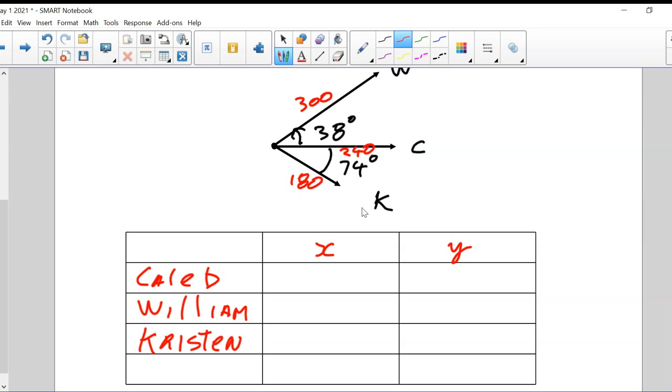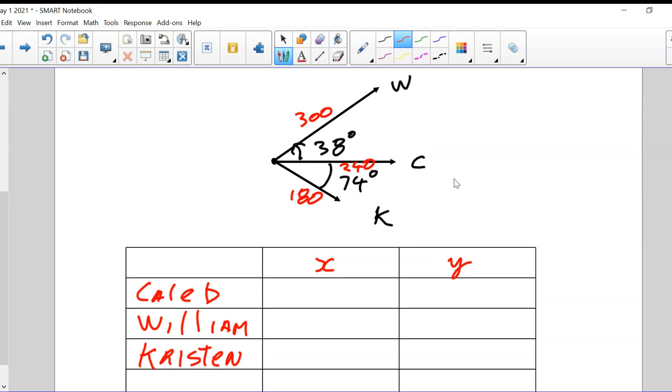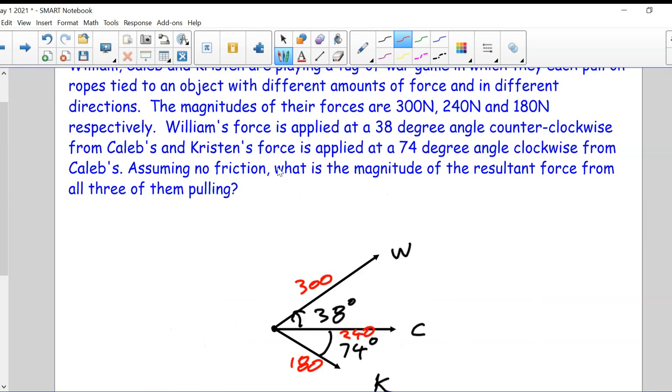Now, think of Caleb as sitting right on the x-axis. That's where Caleb is going to be. We chose Caleb, and this is consistent with what the question says: William is 38 degrees away in a counterclockwise direction from Caleb, whereas Kristen is in a clockwise direction from Caleb, 74 degrees clockwise.